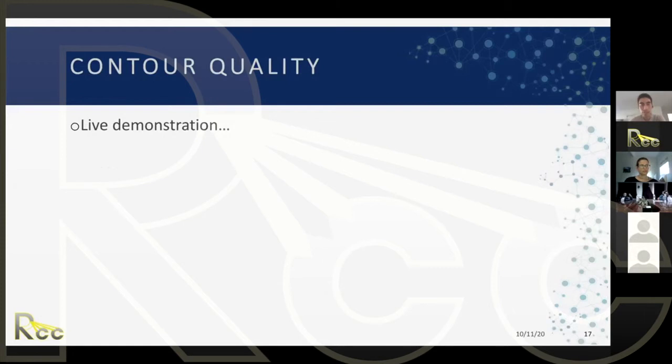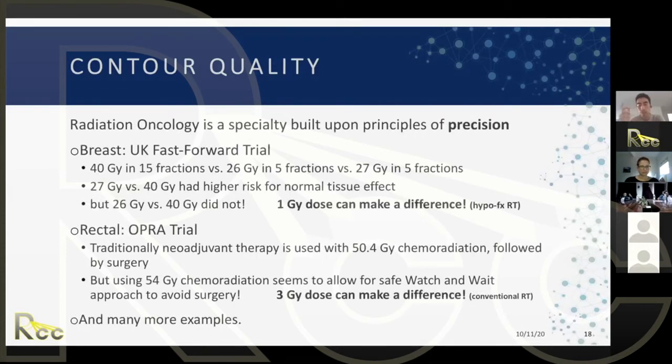I just showed an example of a contour and why the quality of the contouring matters, because even small changes in volume can have relatively big changes in what our DVH looks like. And there are two recent studies which actually illustrate this, I think, quite well.